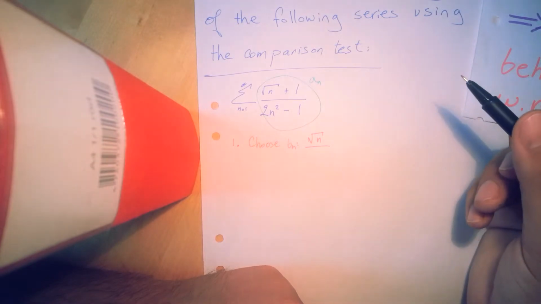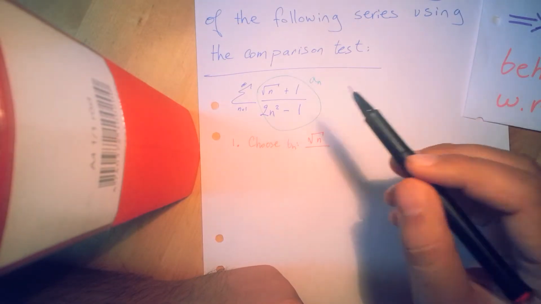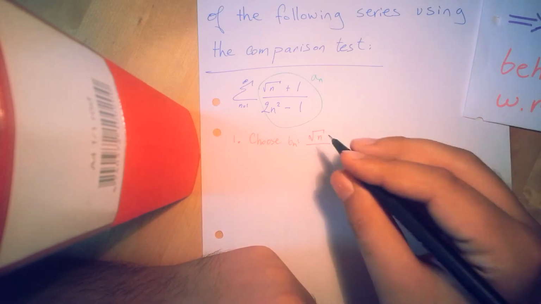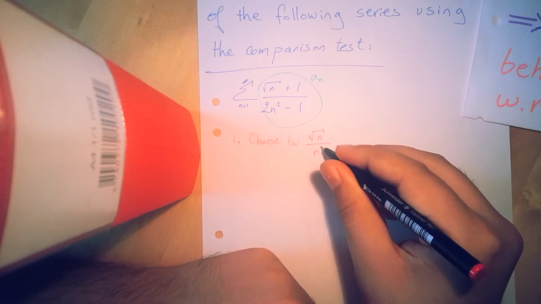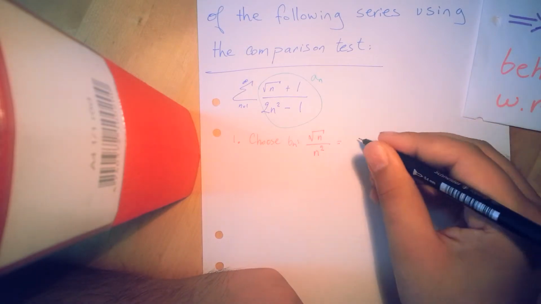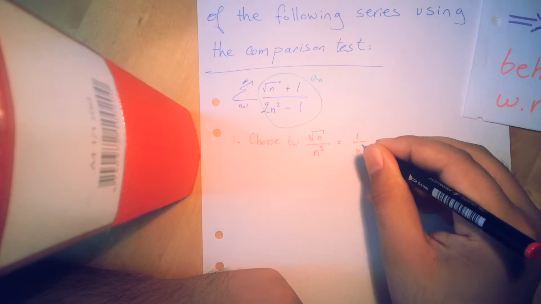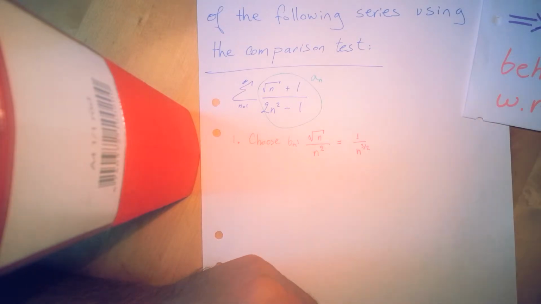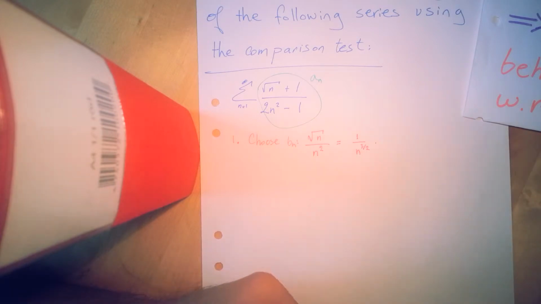Even this times 2 is not really that significant. But n squared, if say we have a trillion, then that's a trillion trillions, and that's really large. So we can put n squared here, and this is our bn. This just equals 1 over n to the power of 3 over 2 if you subtract the powers. So this is our bn.